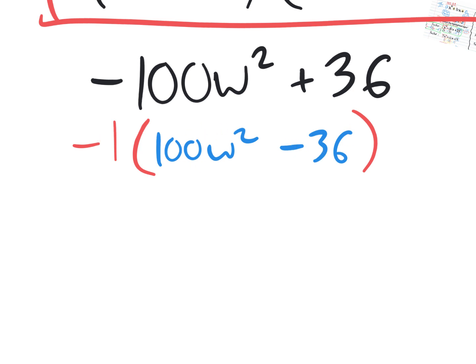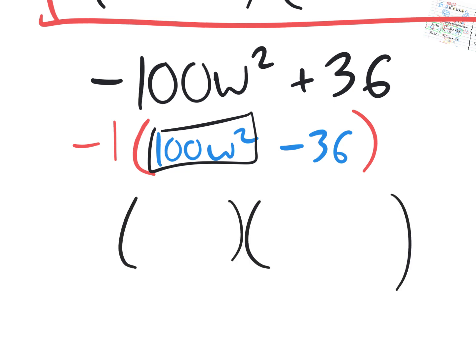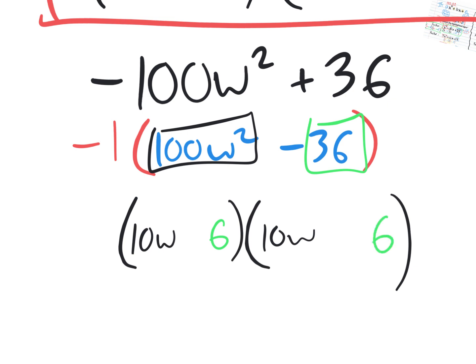So you could actually square root that 100w squared. And you could also square root that 36. So the square root of 100w squared is 10w. And the square root of 36 is 6. So you have a 10w and 6 on both binomials. And of course, because there's a minus sign, these have to be opposites. 1 plus, 1 minus.